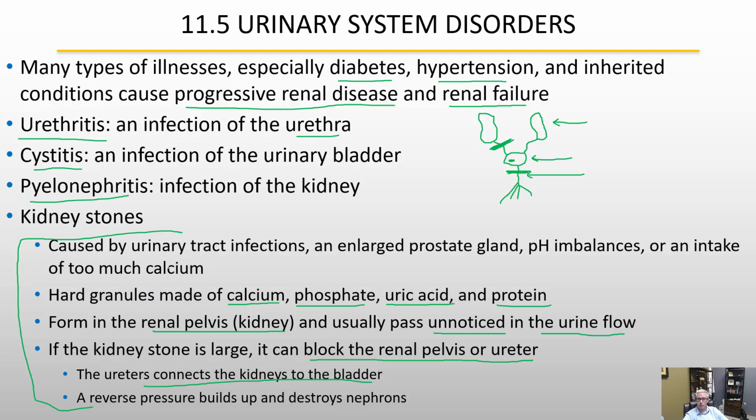You might have to have surgery to remove the kidney stone, where they would go in and pull out the stone and place a stent to open up that area so that the kidney stone can pass. There's a procedure called extracorporeal shockwave lithotripsy, abbreviated ESWL. You don't need to know this, where you sit in a bathtub and they put shock waves through the bathtub to break up the kidney stone in your back.